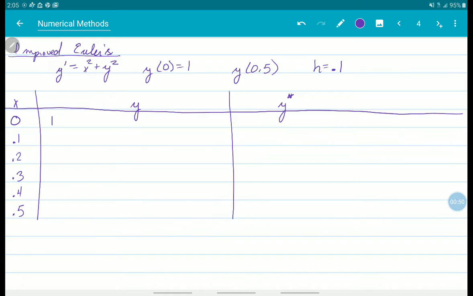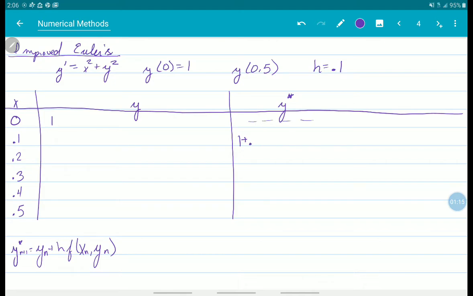So we've got to find y star first. And remember, we're not going to have anything in here. So the formula for y star, I'll write it down here. y star of n plus 1 is equal to y sub n plus h f of x sub n, y sub n. So it's going to take that previous y value, which was 1.